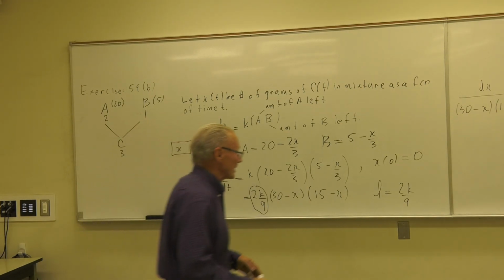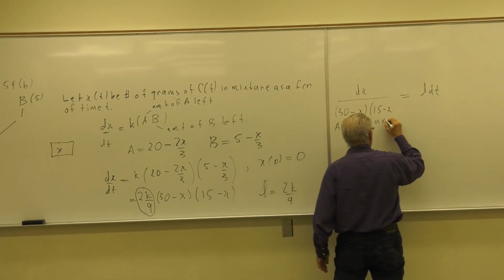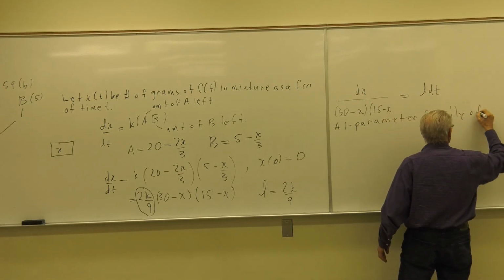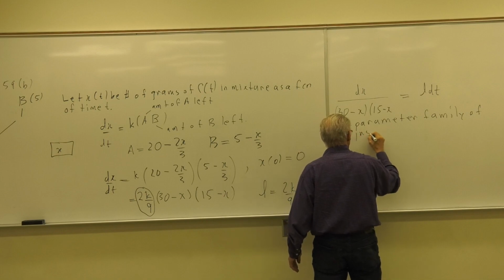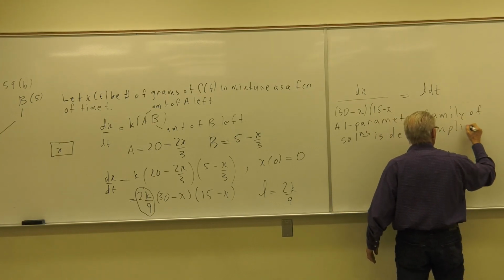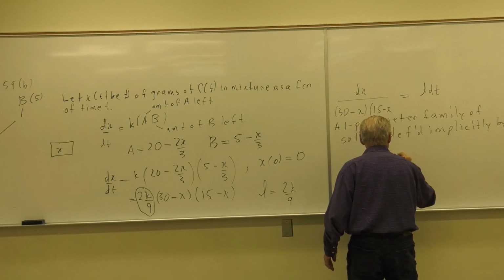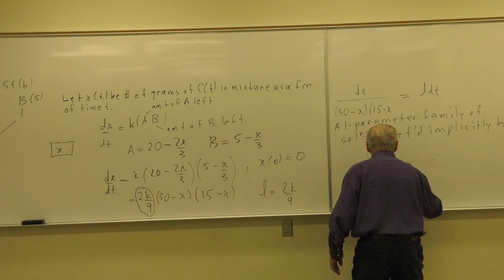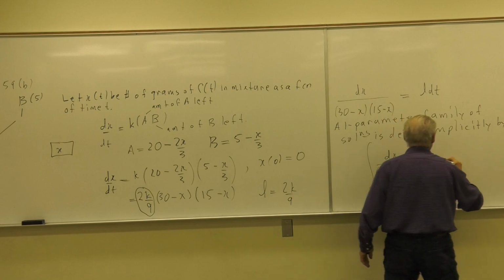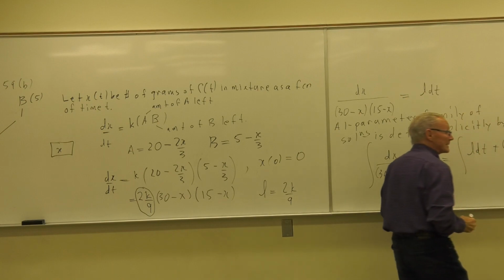So we separate. We can now say the phrase that Trim likes: a one-parameter family of solutions is defined implicitly by writing the integral of dx over (30 minus x)(15 minus x) is equal to the integral of L dt plus a constant of integration c.